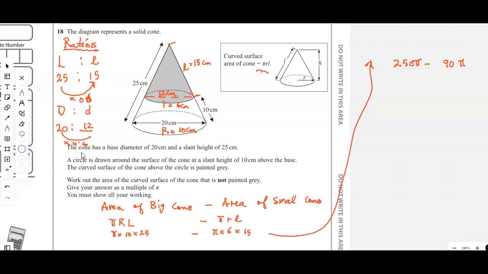And that gives us 160 pi centimeters squared. So that would be the area of the cone that is not painted in gray. So here ends question 18.